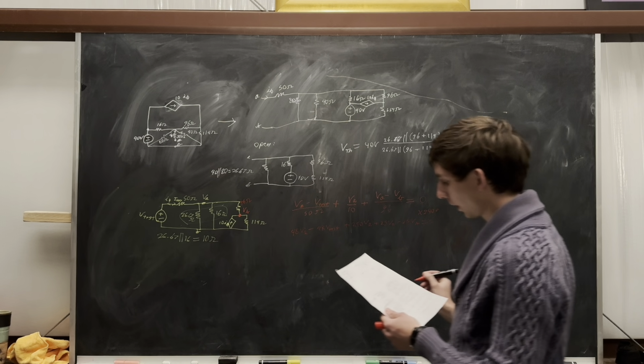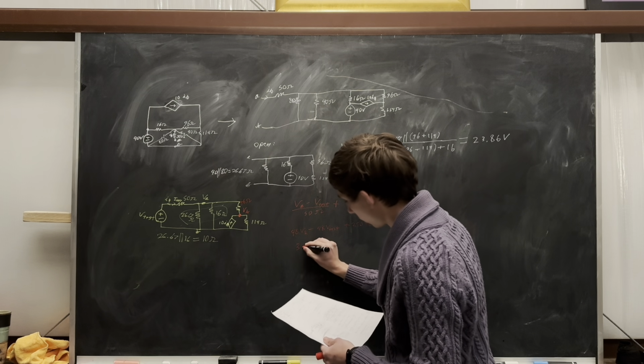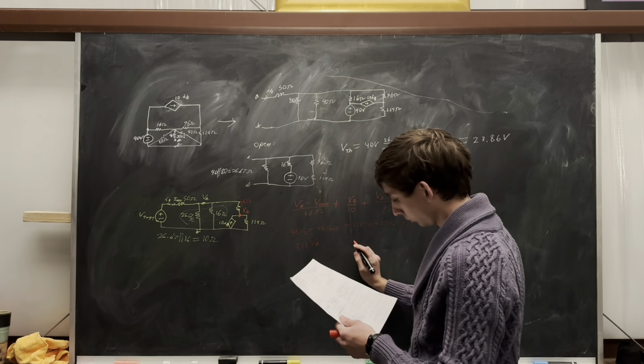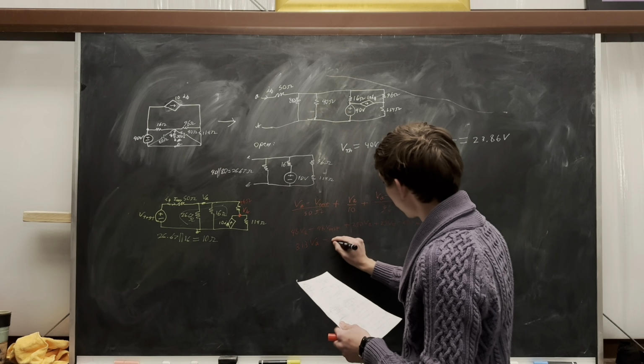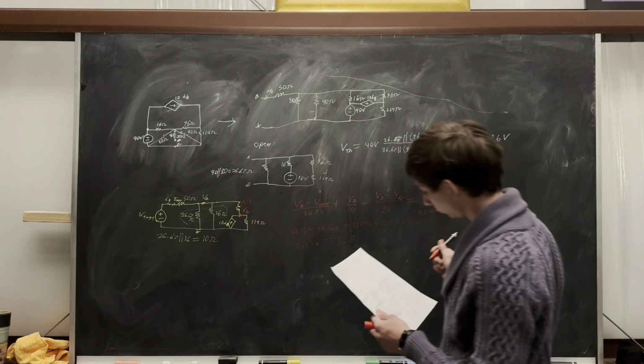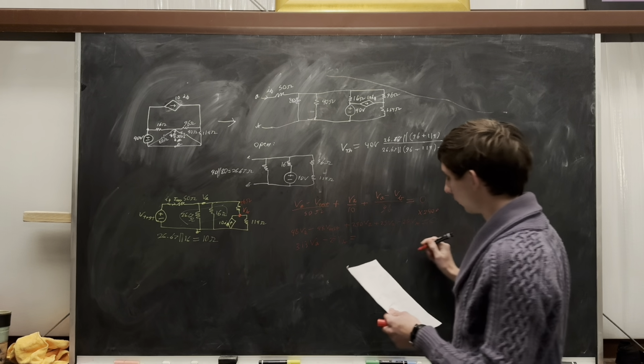If you simplify that, you will get 313 VA minus 25 VB equals 48 V test.